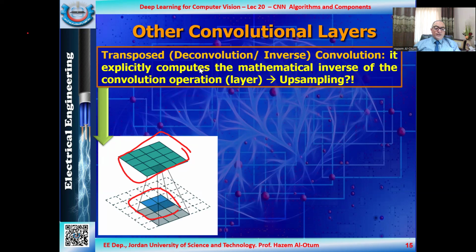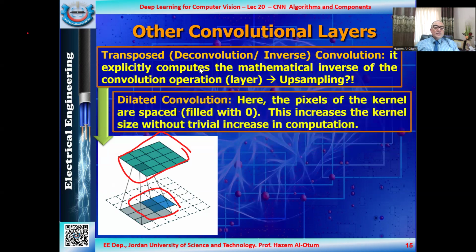Now, here we have a padding of 1, but the input size was 2 by 2 and the output size is 4 by 4. So it will give you a sort of upsampling of the input. This can be done when you want to go back from the feature domain to get the spatial domain representation.